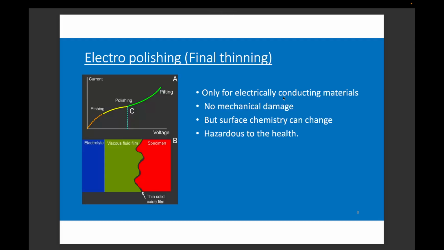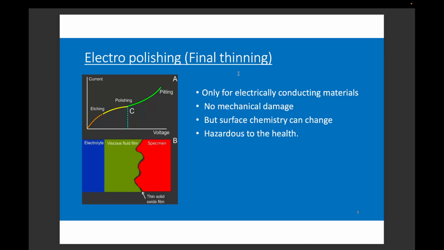And then finally, after getting the 3 mm disc, for metal samples we use a method called electropolishing, and in that we use some electrolyte. It is based on a trial and error method. First we optimize the current versus voltage curve, and electropolishing is associated with the final thinning of the material when we prepare the samples.